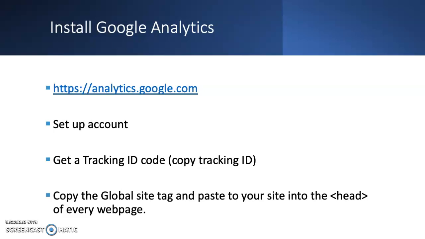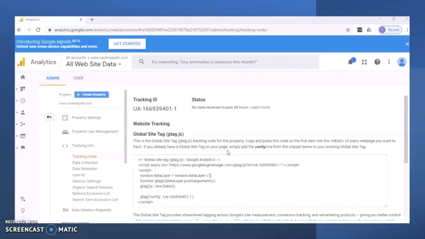Also copy the global site tag, which is the JavaScript that we talked about earlier. That's what you're going to copy and paste into the head area of the HTML, and you have to do that on every web page. This is what it looks like when you create your page and you're taken to that page where you're given that global site tag, and you copy and paste that JavaScript.